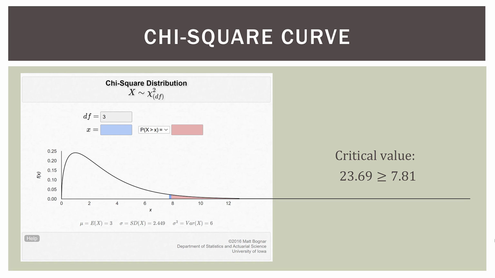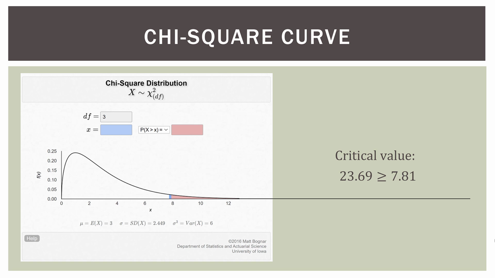So here is a visual representation of the chi-square curve using our data. As we look at this curve over here on the left, we have two things to keep in mind. The area there in the pink is our alpha level of 0.05. So the area underneath the curve represented there in the pink is 5%, or 0.05, of the area under this curve. The blue section there is our critical value.